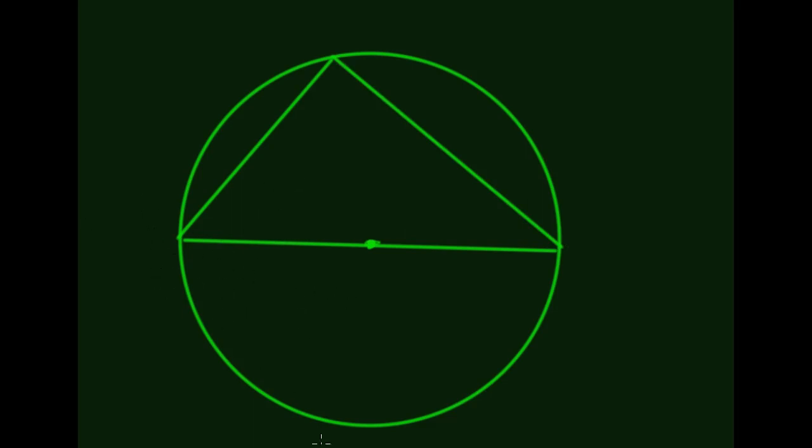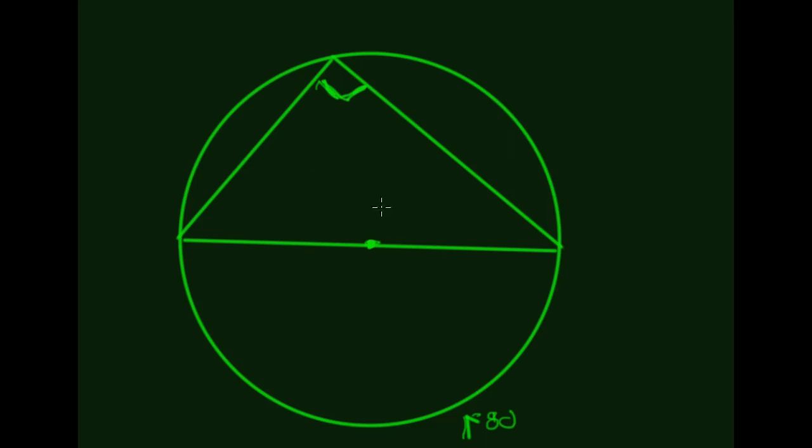Remember that since this is a semicircle, the arc is going to be 180 degrees, which means this is forced to be a 90-degree angle. And once you have a 90-degree angle, you have the Pythagorean theorem and all of that kind of thing. So an angle that is inscribed in a semicircle, or whose ends are the endpoints of a diameter, is going to be a right angle.